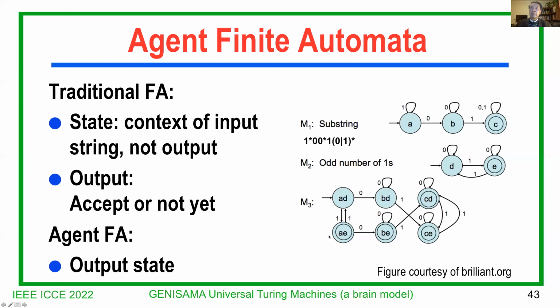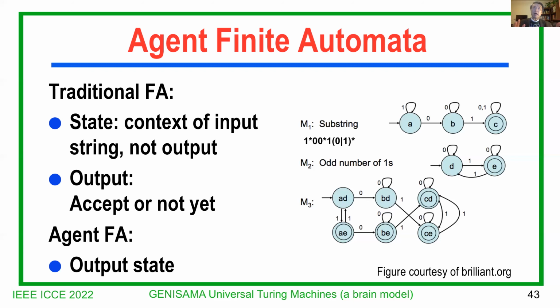You may combine different states together and build more competent machines. The output for FA is accept or not accept. The agent FA that I invented needs to output a state. So the output is not just accepting or not accepting, but rather the state. Other parts are the same, so that many people understand the tool and we can understand more complex things.